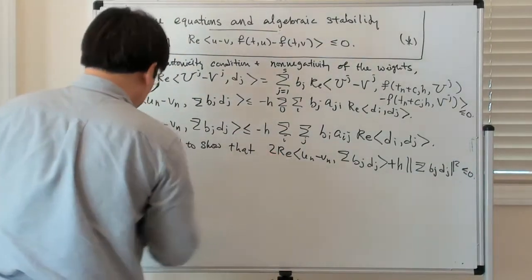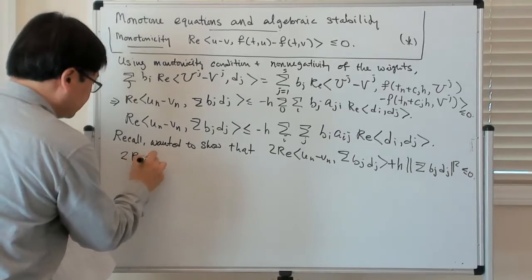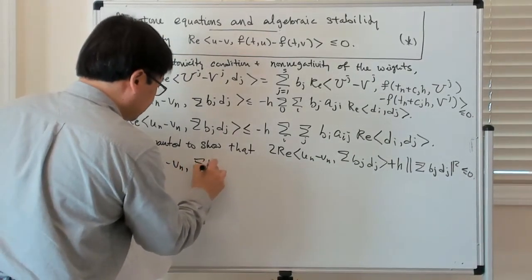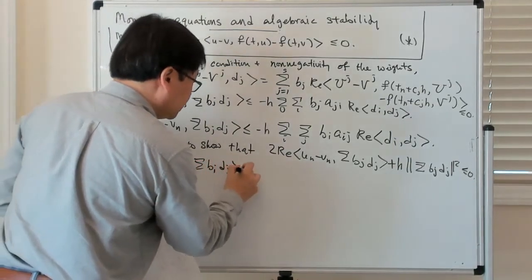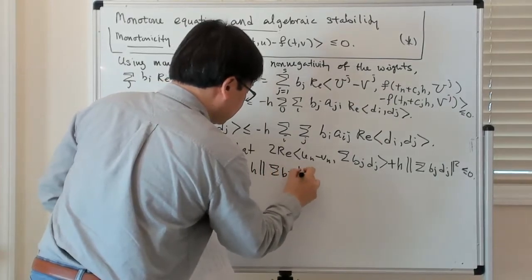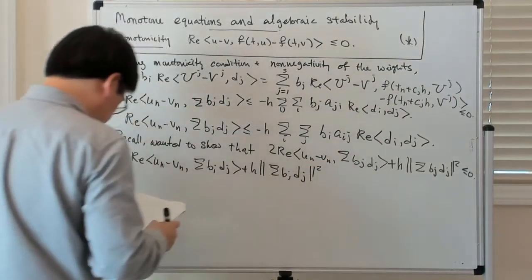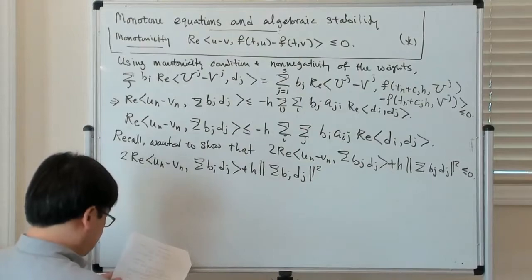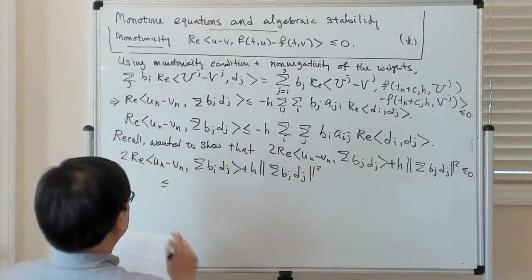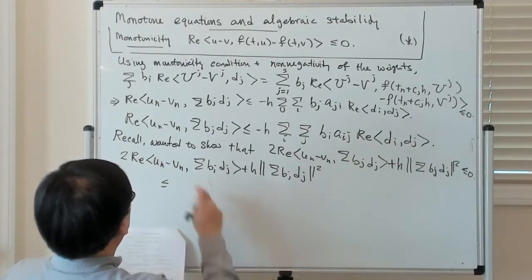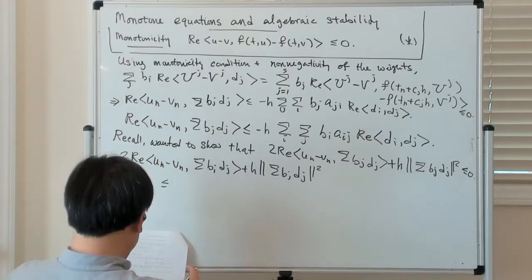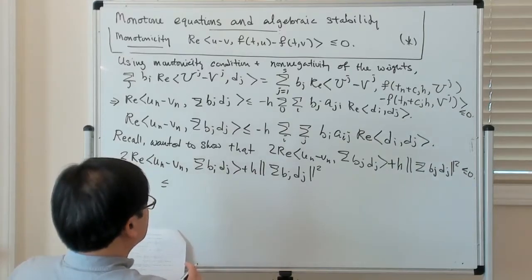All right, so this thing, 2 real part ⟨u_n minus v_n, sum b_j d_j⟩ plus h times the norm of sum b_j d_j squared, is less than or equal to, okay, so I'm replacing this here with this term.